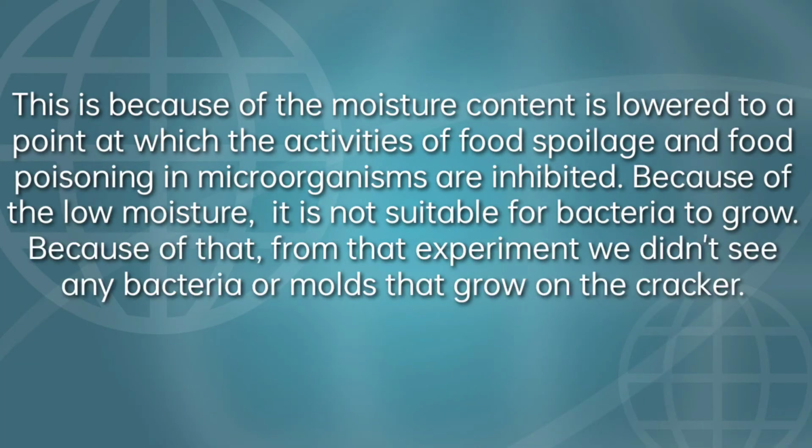This is because the moisture content is lowered to a point at which the activities of food spoilage and food poisoning microorganisms are inhibited. Because of the low moisture, it is not suitable for bacteria to grow. Because of that, in this experiment, we didn't see any bacteria or molds grow on the cracker.